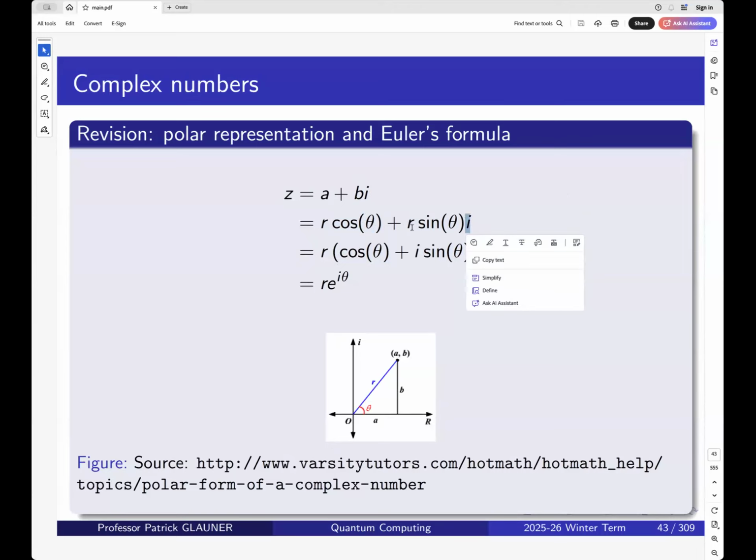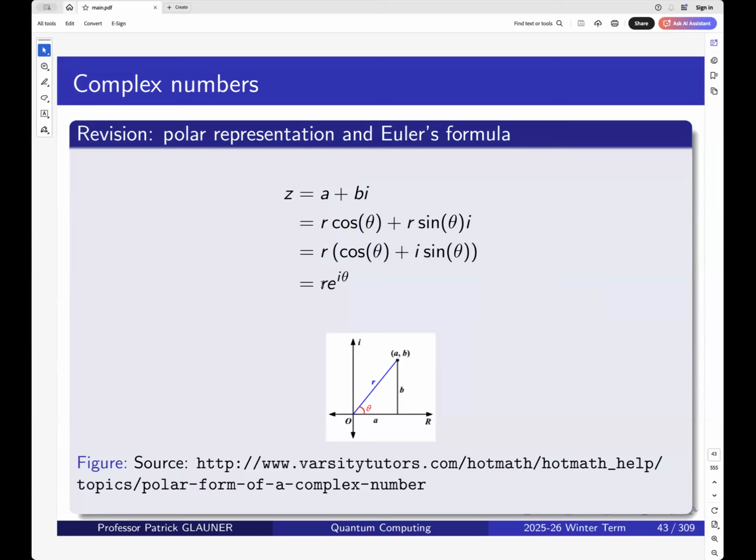So I just moved the i to here in the product, but that doesn't make a difference. And now this is the so-called polar representation. And this polar representation can be expressed or can be changed to the Euler's formula. And the Euler's formula looks something like this.